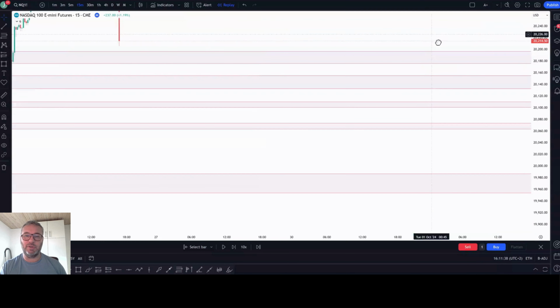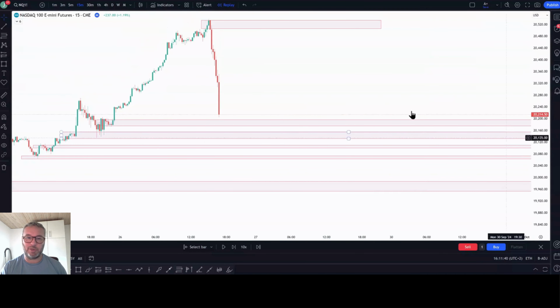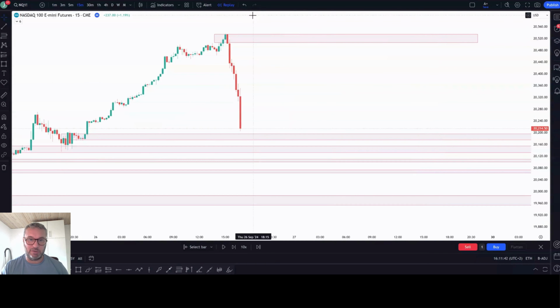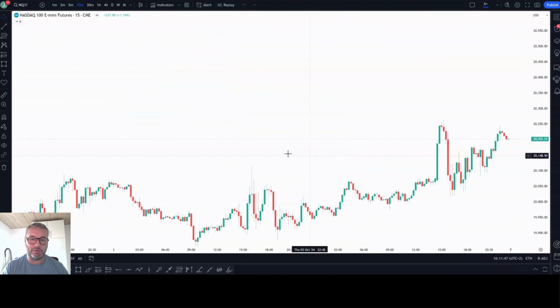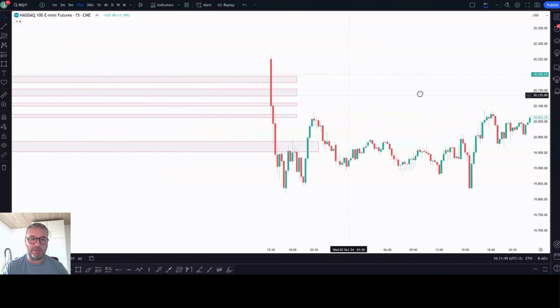So now we have the levels. I'll draw some more as the price action continues. So let's remove this one here and see.